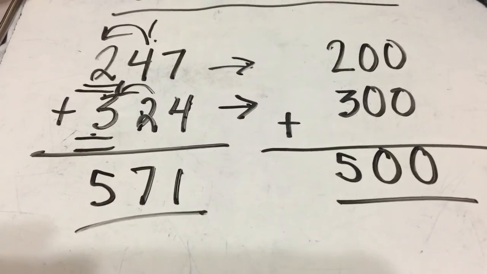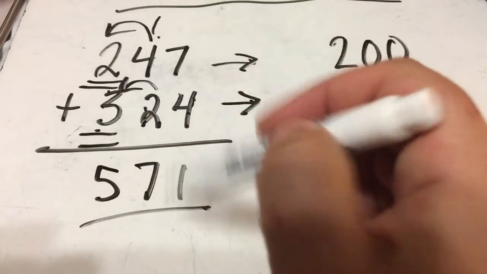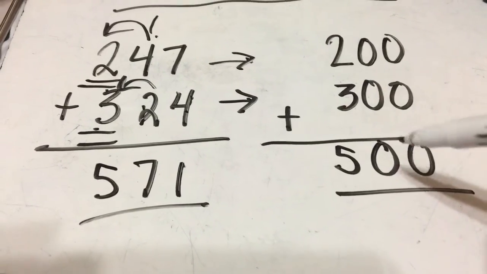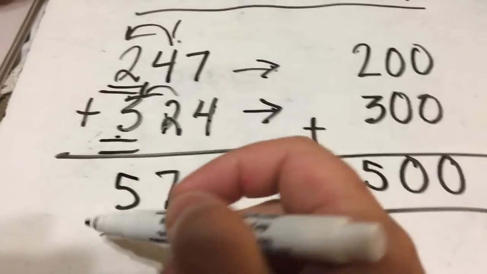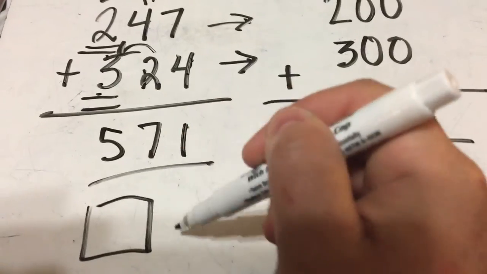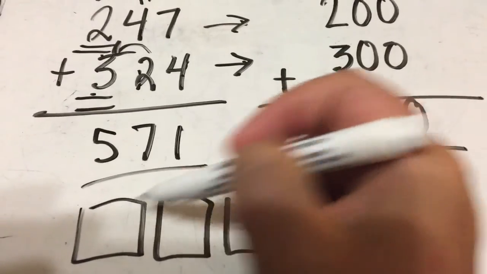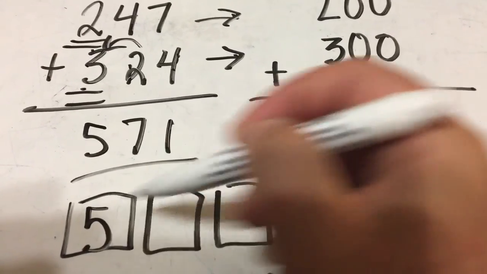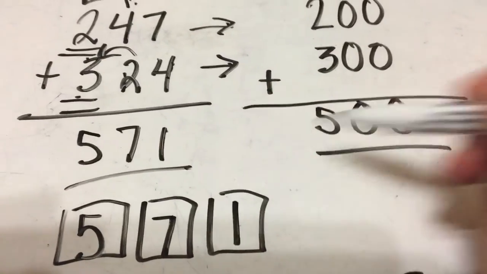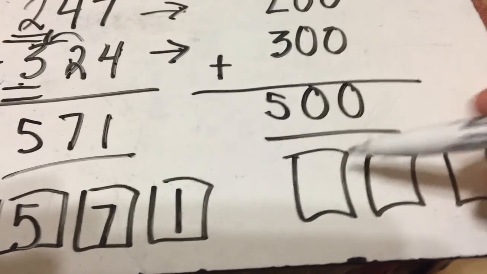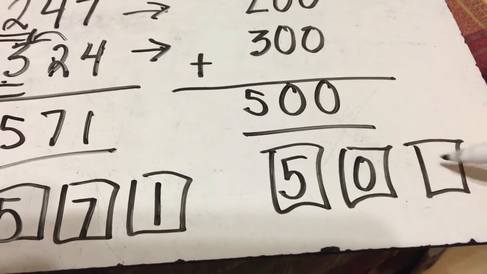So they're going to expect for you to do the adding it up and then the estimating the sum or rounding. So you're going to need to do this on scrap paper because then they give you boxes to type your digits in. So if I got 571 here, I would type a 5, I would type a 7, and I would type a 1. And over here on this one, there are 3 boxes, and I would type 5, 0.